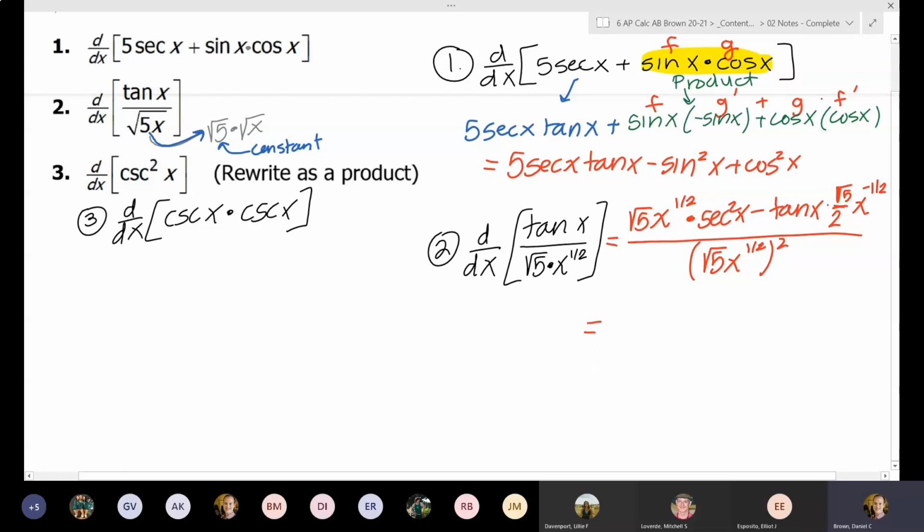If I were cleaning it up, it would just be, so we have a secant squared of x times a square root of 5x. And then I have minus a tangent x times, this one's not clean at all, root 5 over 2 square root of x. And then that's all over, well, the square root of 5x squared is just 5x. So not very neat and clean, but that would be the quotient rule.